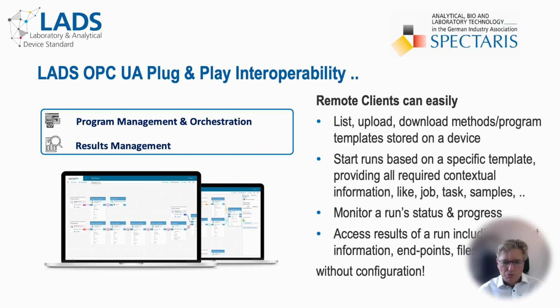While a program is running, you can easily monitor its status and progress. Finally, accessing the results of a run, including context information, endpoints, files, and more, is made seamless. And, as before, all of this is plug and play without the need for any configuration.